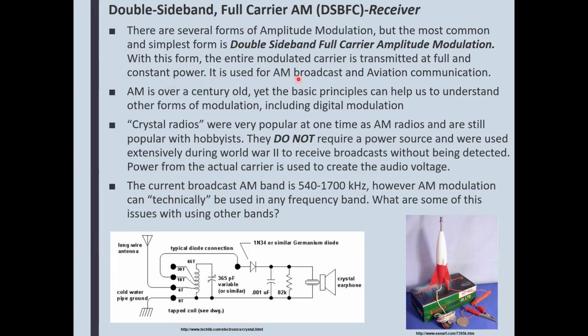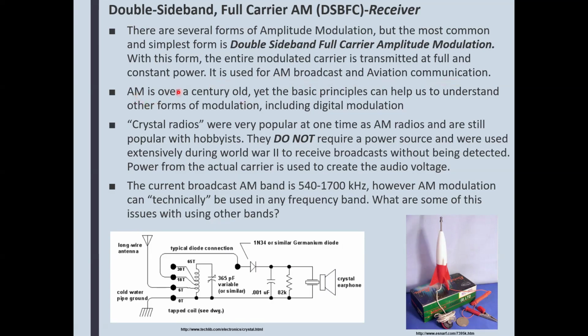It is used for AM broadcast radio stations, commercial radio stations, amateur radio stations. Well, there are certain bands that are reserved for upper sideband or lower sideband. There's a whole bunch of stuff happening there. I'll demonstrate that to you in the lab. It is used for AM broadcast, commercial radio, and aviation communications.